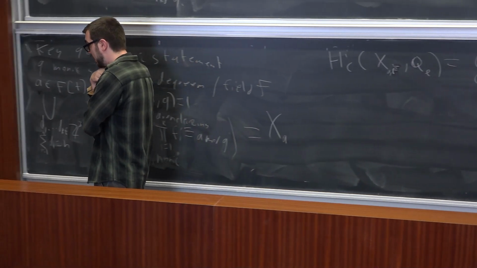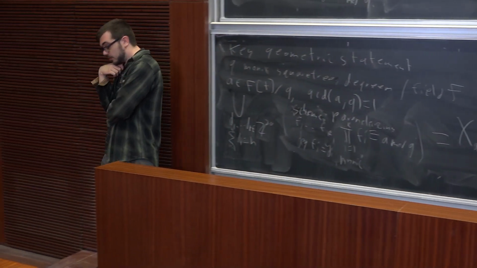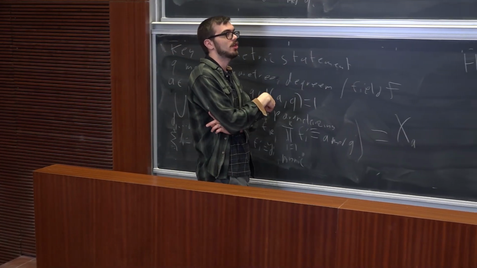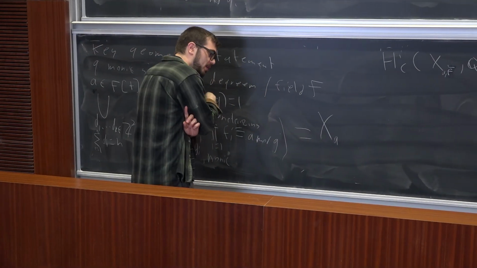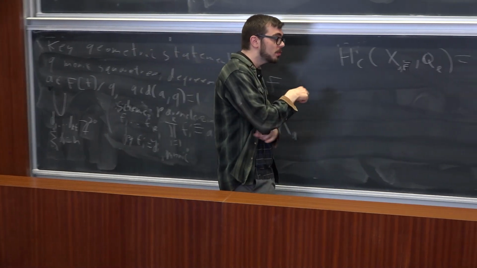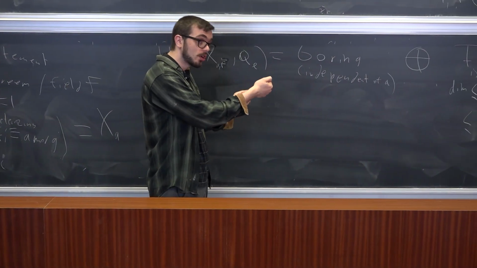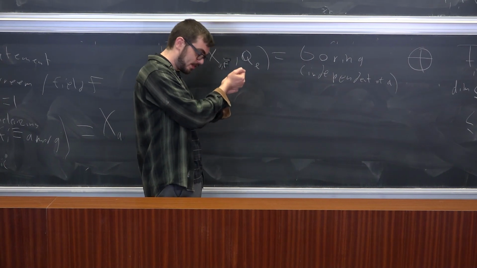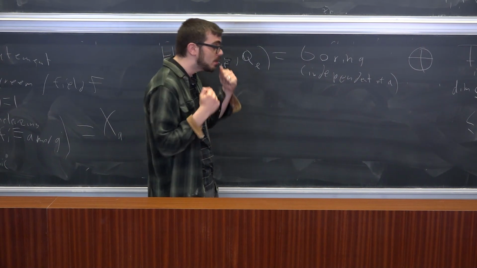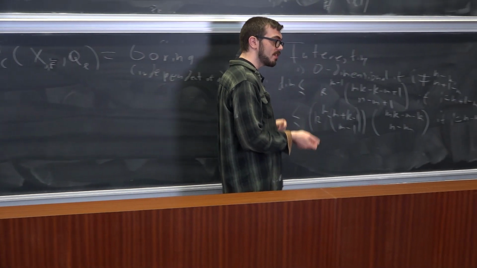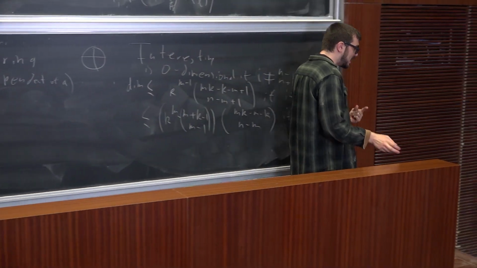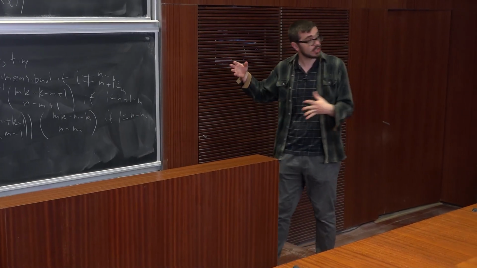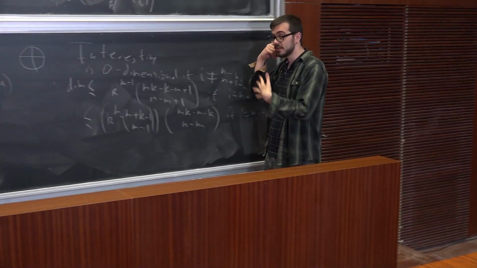The tools you would need if you wanted to compare it to what you get over the complex numbers, you would need to control how this cohomology changes as you vary the base field from C to F_p, and you would use the same exact set of tools of vanishing cycles. So you would need the same analysis of the singularities, and also the same compactification to do this comparison.